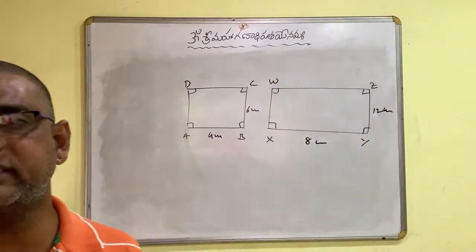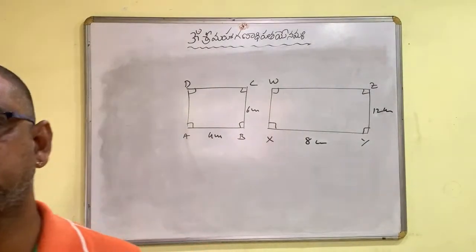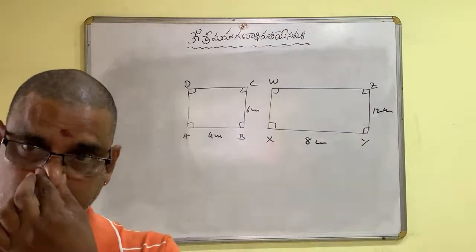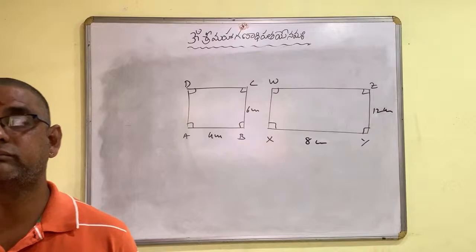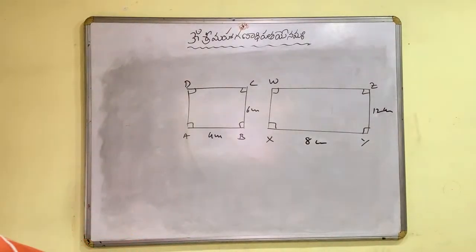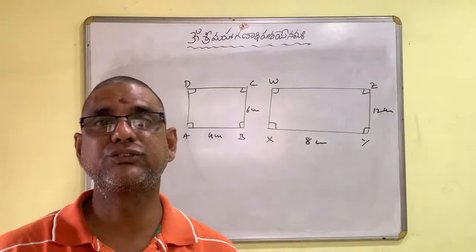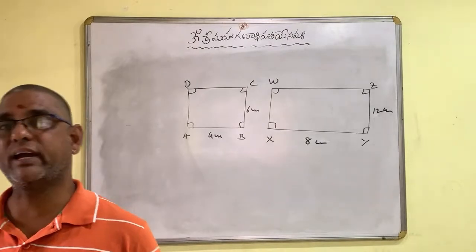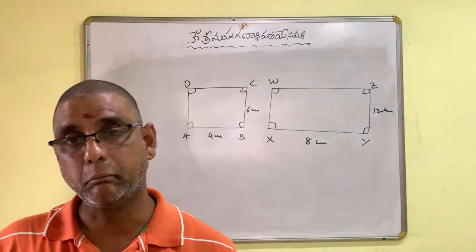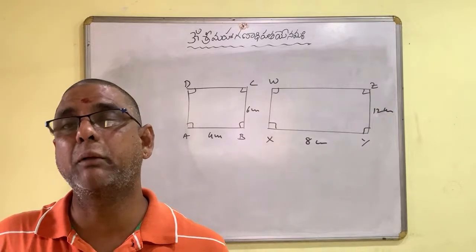Are these two rectangles similar now? Yes. So any two squares are always similar, but two rectangles may be similar or may not be similar.